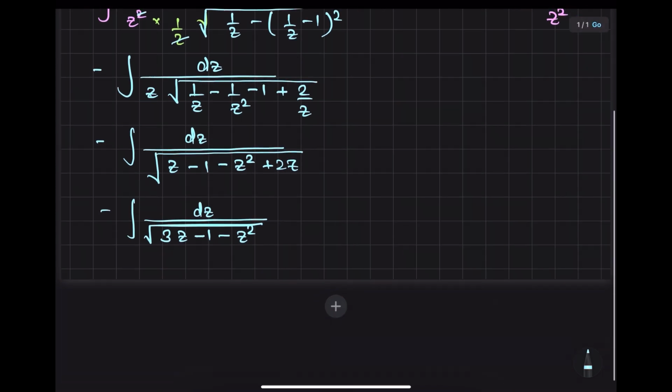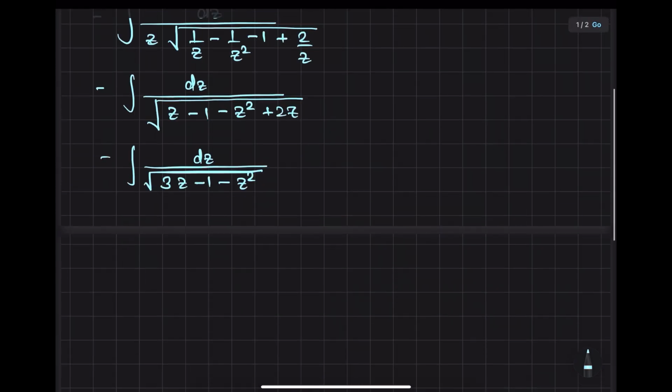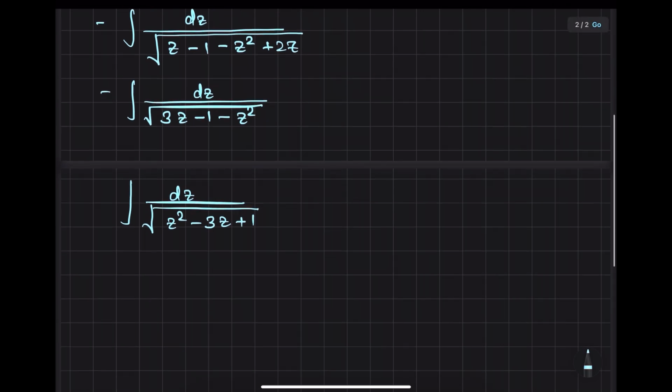We will send that negative inside the root. So we will have dz by root of z square minus 3z plus 1. You know that you cannot factorize this further. So what will we do? We will do the completing square method.